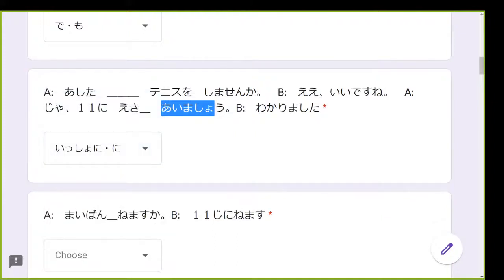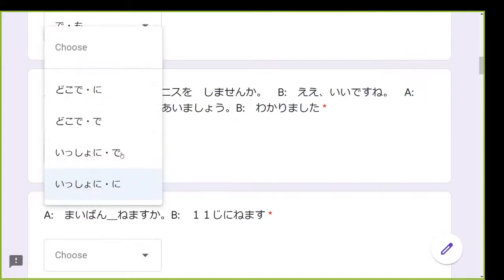Okay, let's have Sneed. What's your answer? 明日、一緒にテニスをしませんか？いいですね。じゃあ、11に駅で会いましょう。わかりました。So I have a correction here. This should be a specific time, 11時に, and eki de.